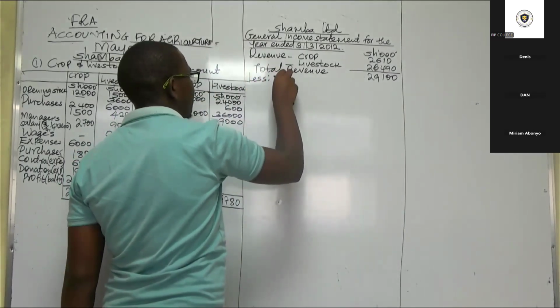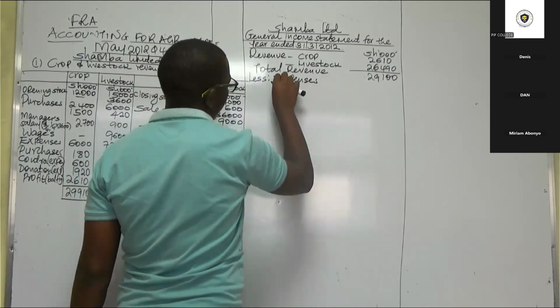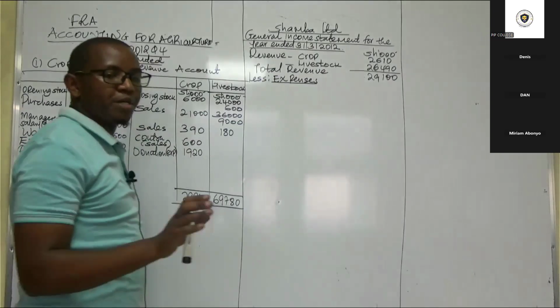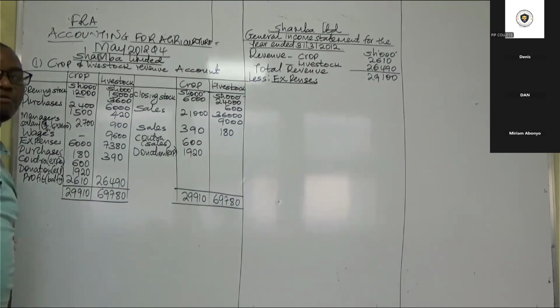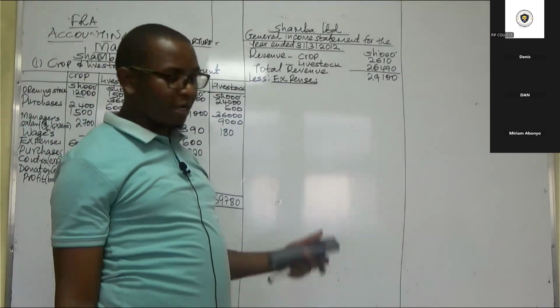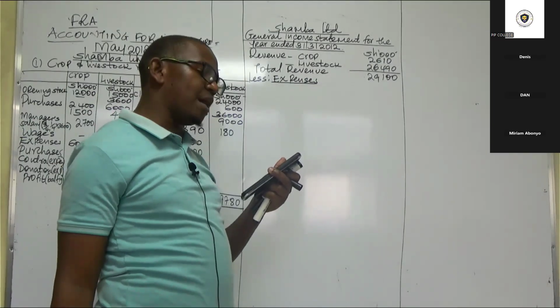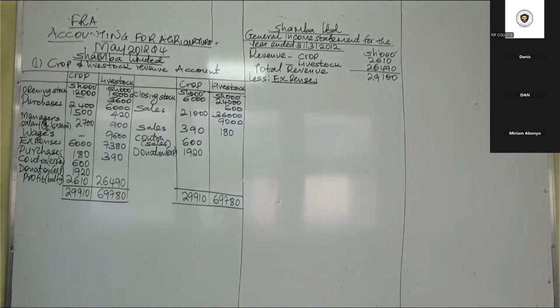And I will first begin with the expenses in additional information. And now those expenses that we've not been able to do, consider them. So we begin with number 3. There was valuation of farm tools. Now, when you look at the farm tools from the trial balance, it was 1,500, right?